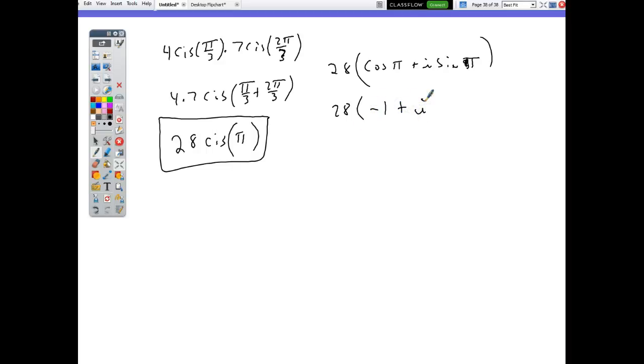What's sine pi? 0. So now distribute: negative 28. That's the rectangular form. These are technically both rectangular form. One's the cis form and one is the rectangular or standard form.